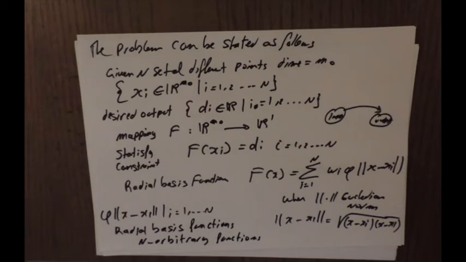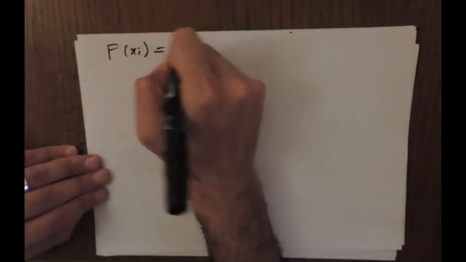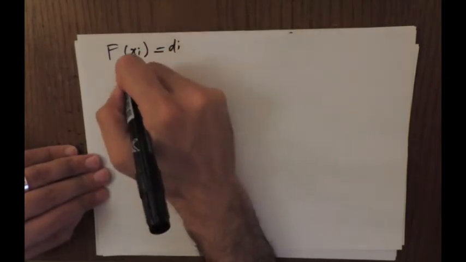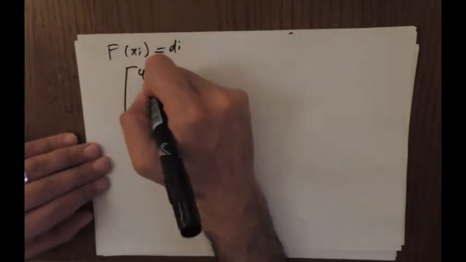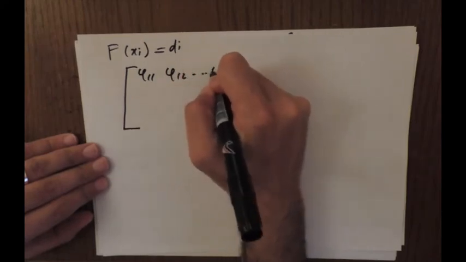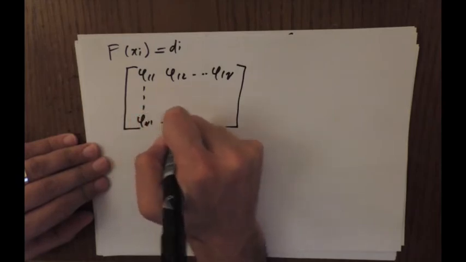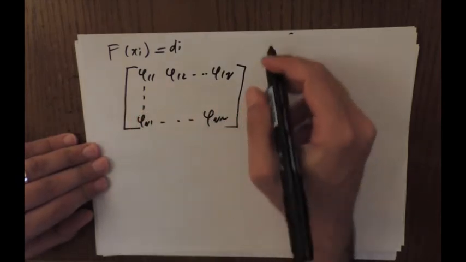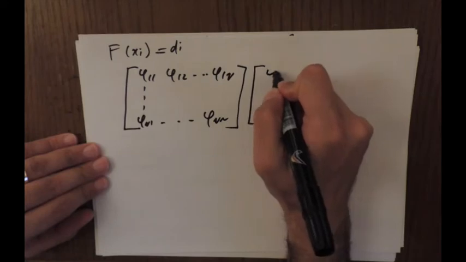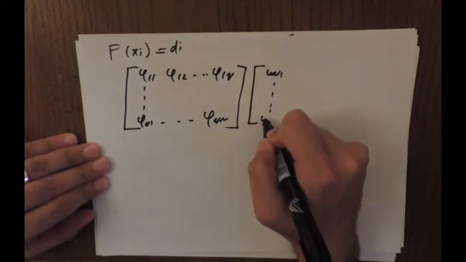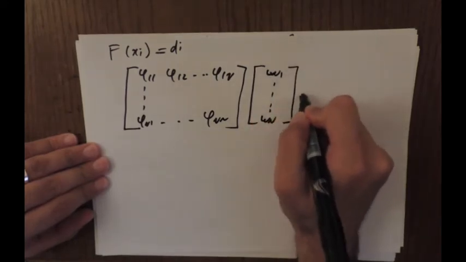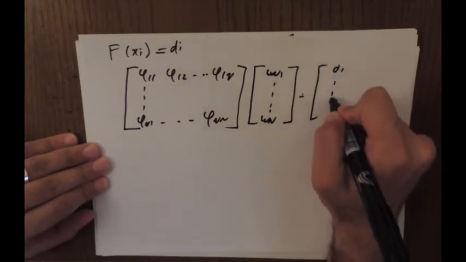If we take a matrix look at these, remember that we have f of xi equal di, so we have phi 1 1, phi 1 2, all the way to phi 1 n, down to phi n 1 until phi n n, multiplied by a weight matrix, and they will equal the desired values.